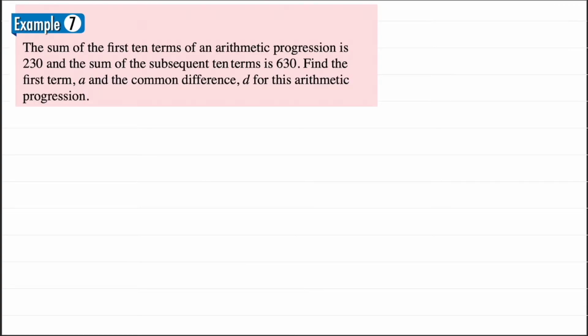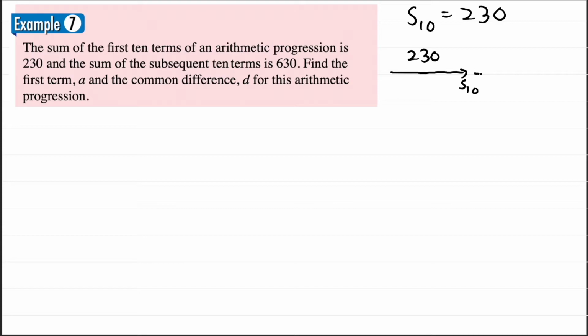Okay. Now the sum of the first 10 term is 230. Dia dah bagi S10 adalah 230. Dan the sum of a subsequent term, subsequent 10 term. Subsequent maksudnya yang seterusnya. Maknanya S10 yang pertama adalah 230.